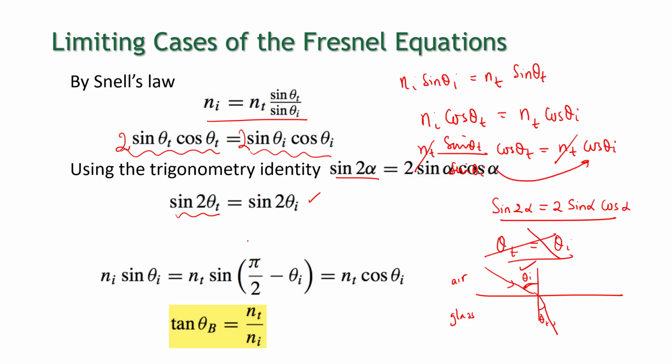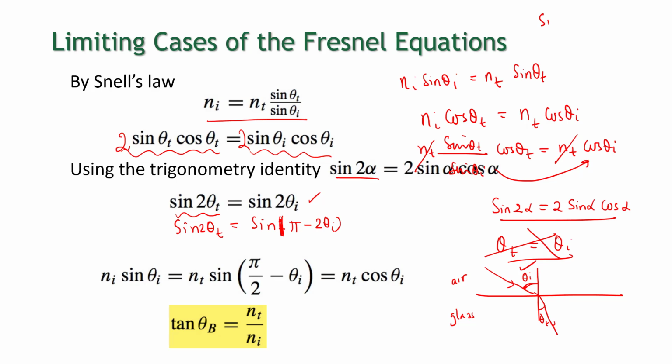What we can do is write one more step here. I can write this as sine 2 theta t is equal to sine of pi minus 2 theta i, right?